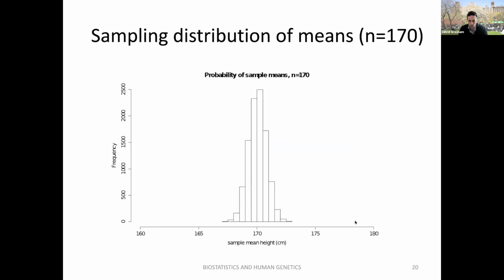But when we take a larger sample size, we can see the probability of the different means that we would get from that sample, and that variation is greatly reduced, and that reflects the greater certainty we have of capturing the true population mean.